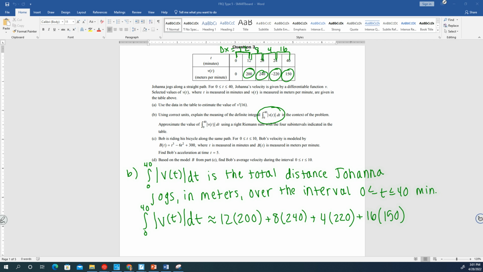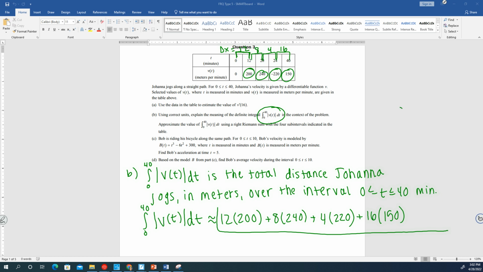What would my units be here? Quick question. Would it be negative 220, or is it because of the absolute value? Yep, because of the absolute value. That's just telling you in what direction she's jogging. So we're trying to calculate the total distance traveled. Good question.